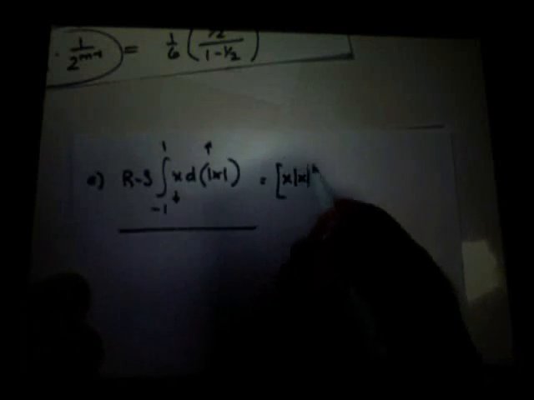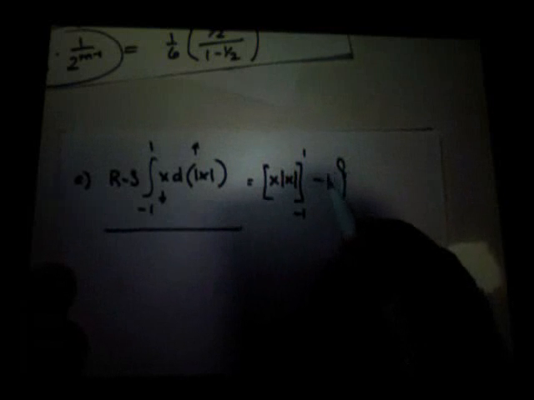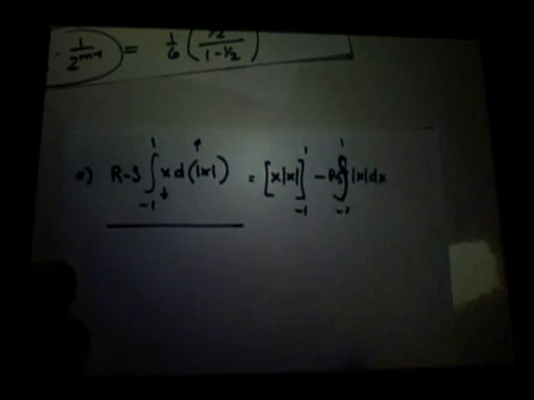Okay, so we have x absolute x, evaluated from -1 to 1, minus the Riemann-Stieltjes integral from -1 to 1 of absolute x dx.